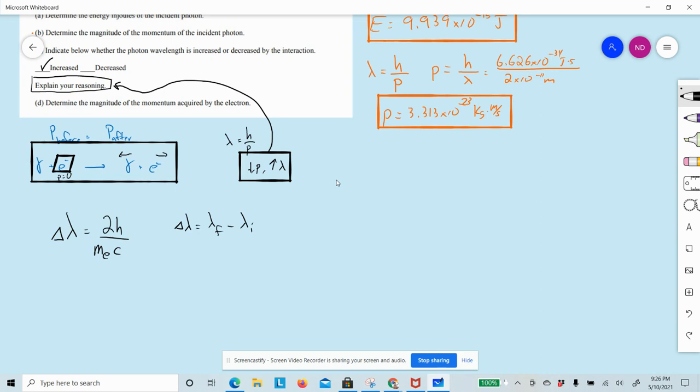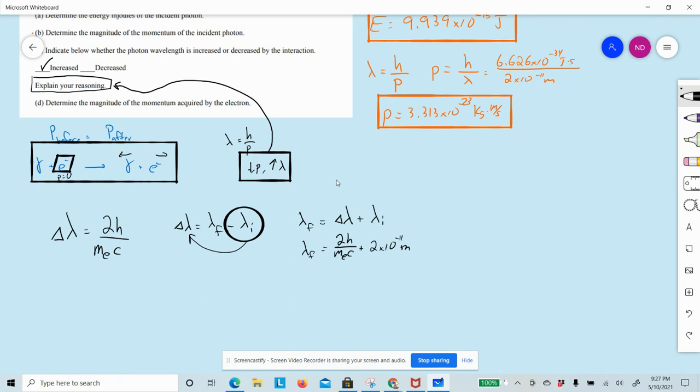Let's see. So we can bring this to that side of the equation, and you can rewrite this as the final equals that plus lambda initial. So 2h over mc plus the initial, which is 2 times 10 to the minus 11th meters, equals the final.